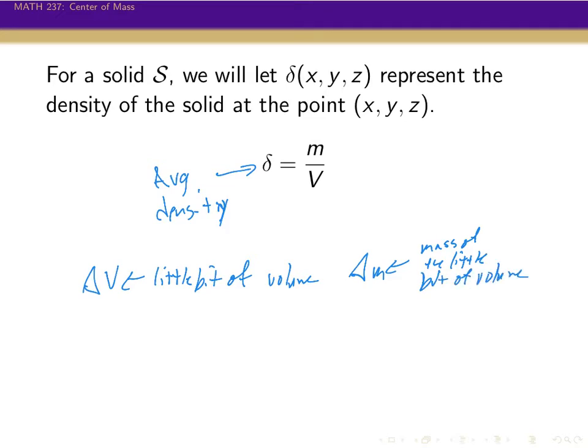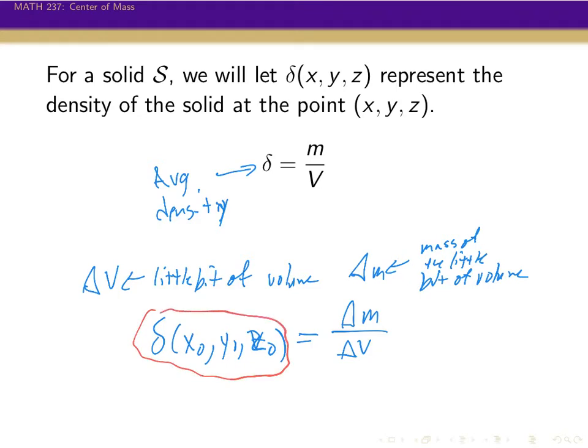Well, if we know the density at that point, let's say that it's at x naught, y naught, z naught. Well, this density is going to follow this formula. It's going to be the mass over the volume. We have our function for density.